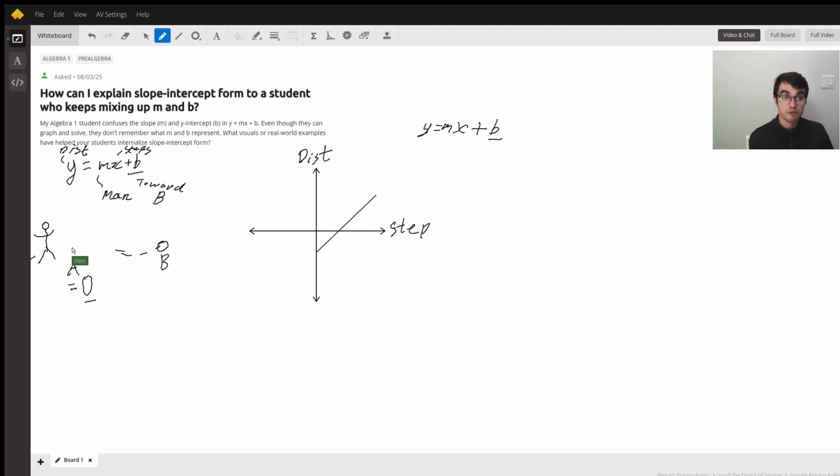We can move him further away from B than town A is, and then we'd start at 0. So if we say that this is toward B, we can make this whatever we want and start counting wherever we want, and that would move this up and down. So that is why plus B has to do with where it intercepts the y-axis. I hope this makes sense as an intuitive model for understanding y is equal to mx plus b.